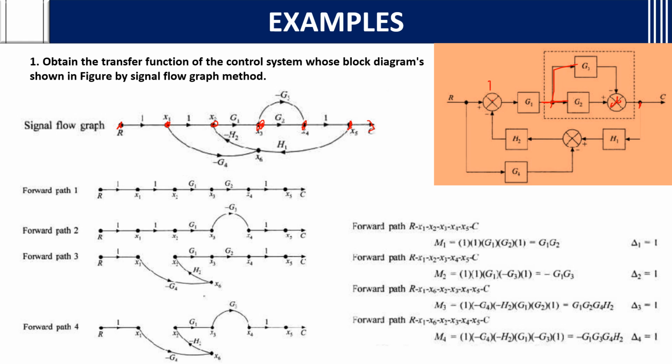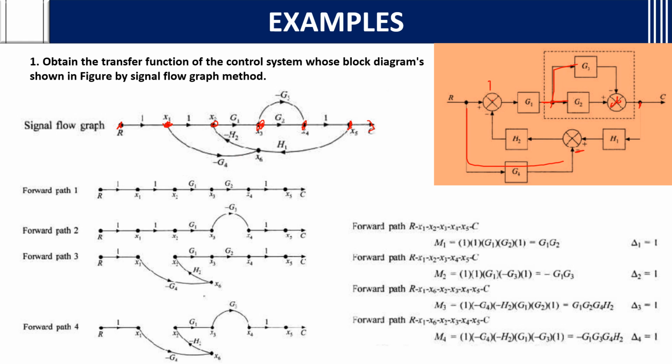From this point to which point? Here x6 is also connected, because here one more summing point is there. So you will take x6 also here. In the forward direction only it is mentioned, so you will take minus G4, because here minus is there.